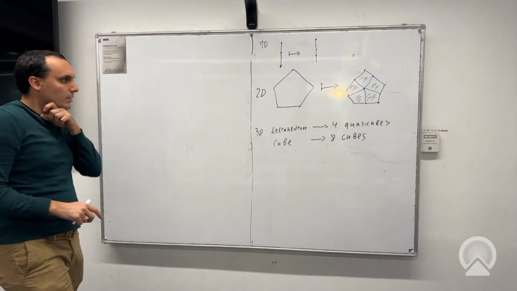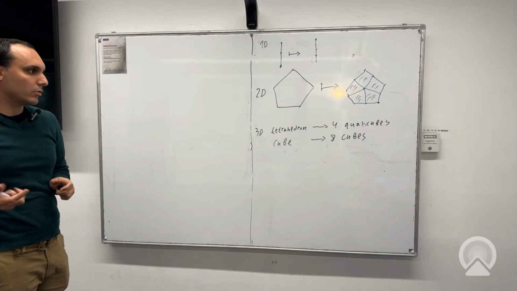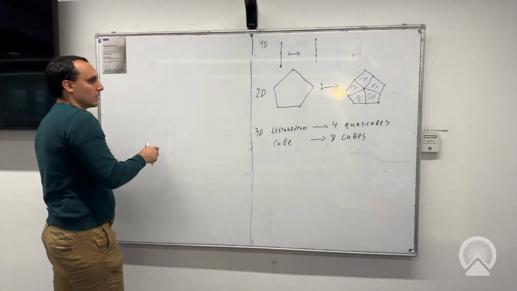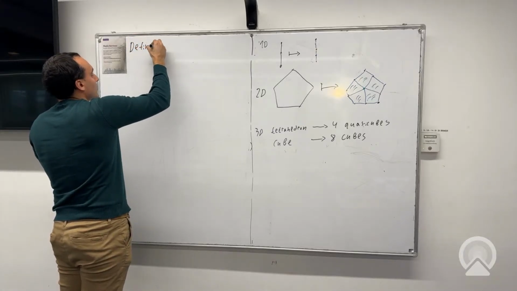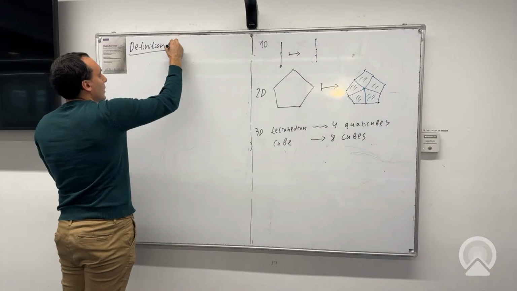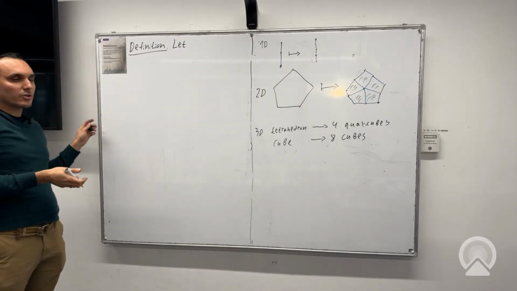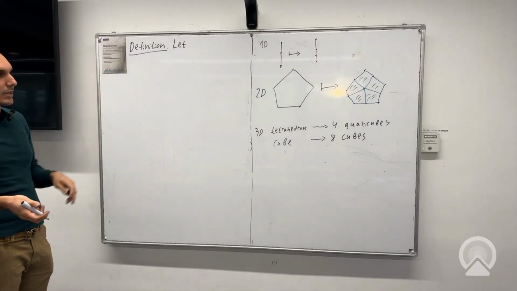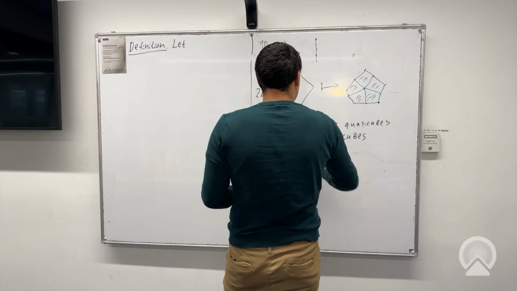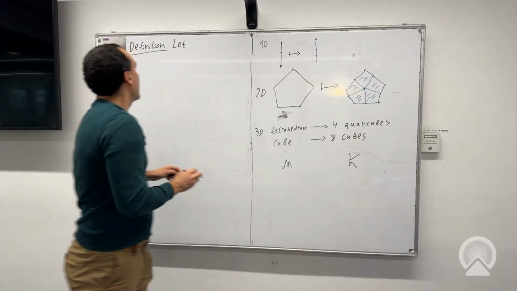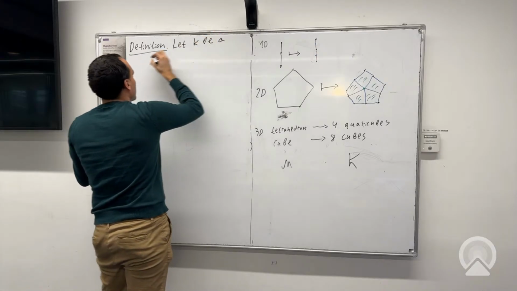So to define on a quasi-cube, let's define topological orthogonality. Now I will use K. So usually M is the original complex and K is the Forman complex. So this is M, this is K. Let K be a quasi-cubical mesh.